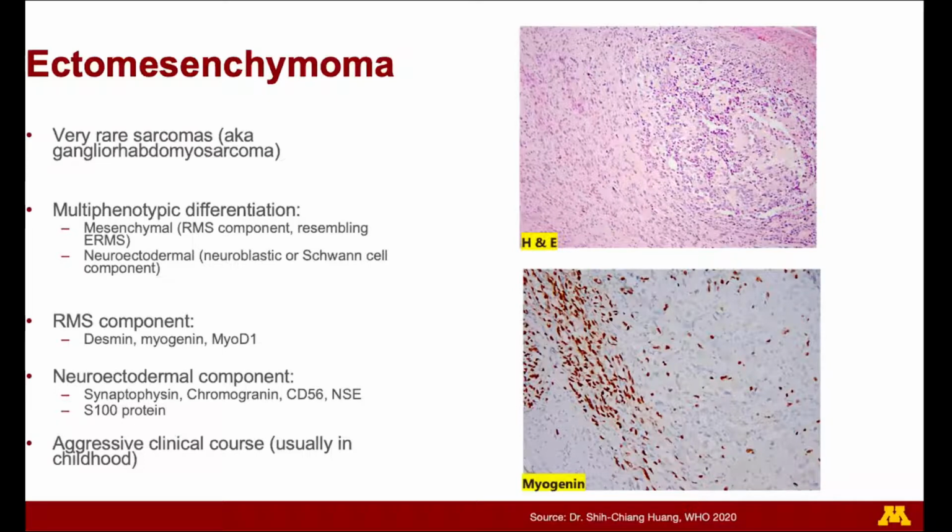These tumors have a multi-phenotypic differentiation, usually a combination of rhabdomyosarcoma, which usually resembles embryonal rhabdomyosarcoma, and a neuroectodermal component, usually neuronal or Schwann cells. The rhabdomyosarcoma component is positive for myogenic markers, as expected, and the neuroectodermal component can be positive for neuroendocrine markers and NSE, or S100 protein for Schwann cells.